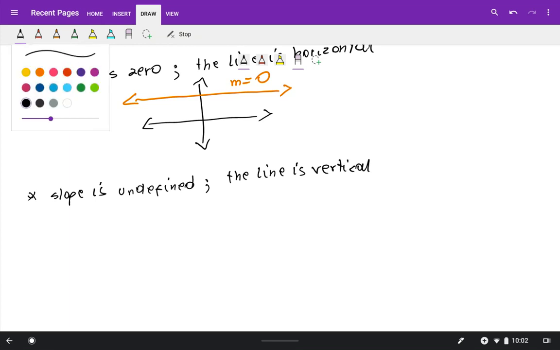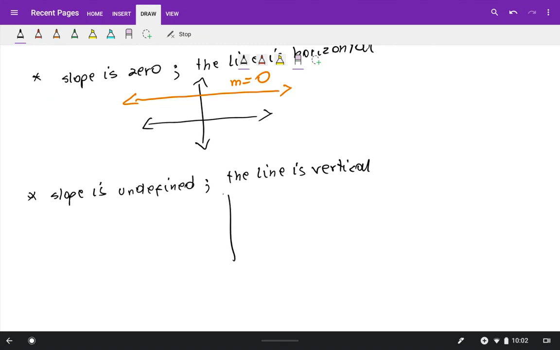So every single vertical line has undefined slope. You cannot find the slope of a vertical line. A vertical line goes up and down, and for vertical lines, m is undefined. We cannot find it, because again, we cannot define the steepness of a vertical line.